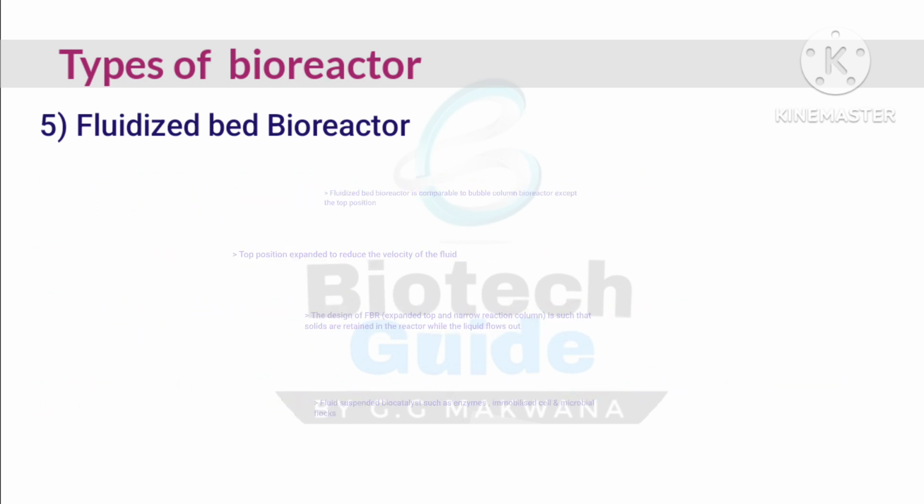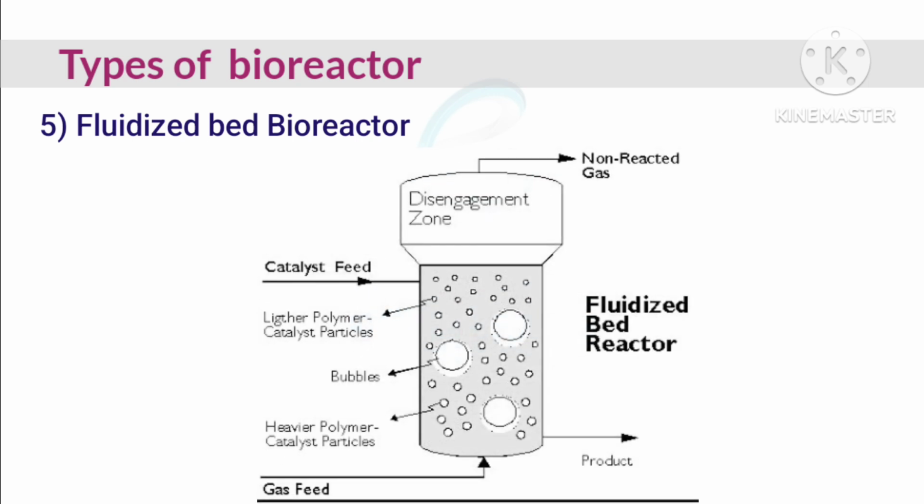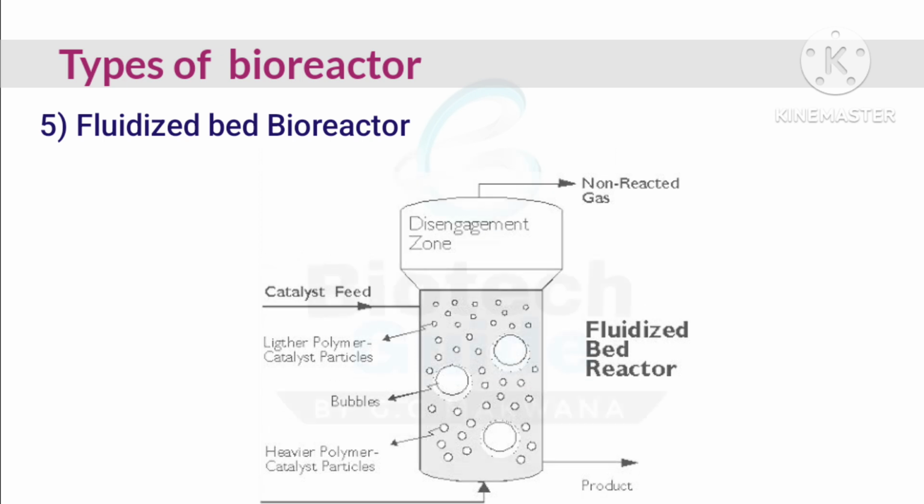Here you can see in the diagram, the upper top portion is known as a disengagement zone, and also catalyst feed is there, then gas feed is there, and then non-reacted gas flows out of the disengagement zone.